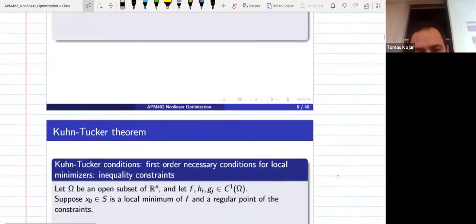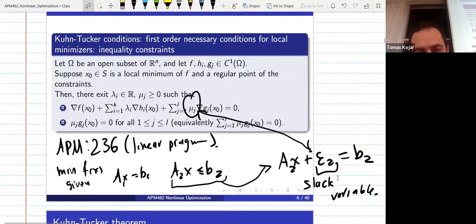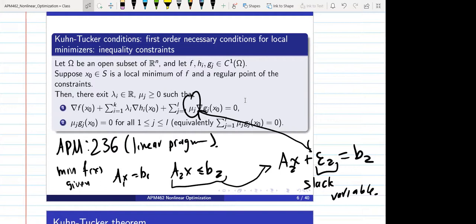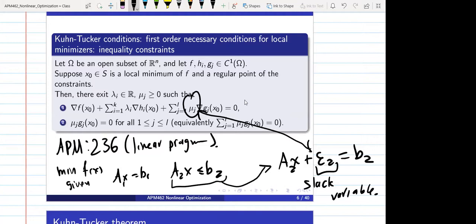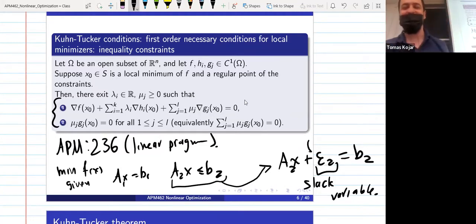So that's why we set the mu_j to be 0 for the inactive ones. Is that okay? Yeah, that's also okay. So where is the confusion? I guess it makes sense then. So no more confusion.